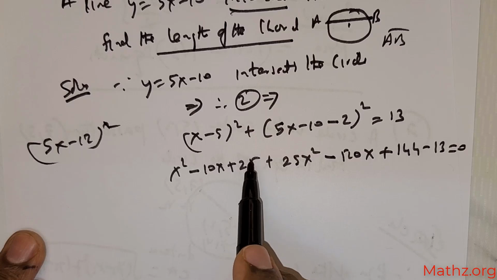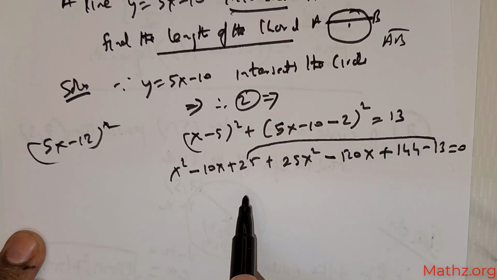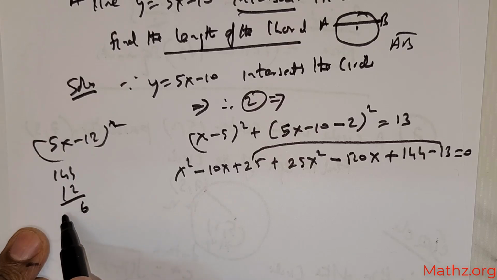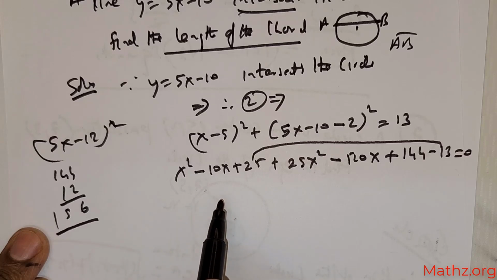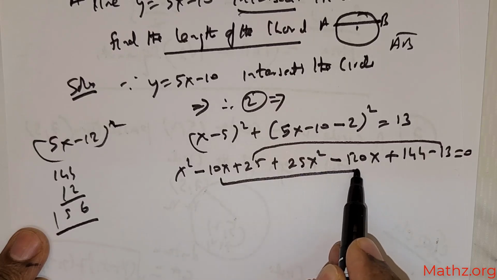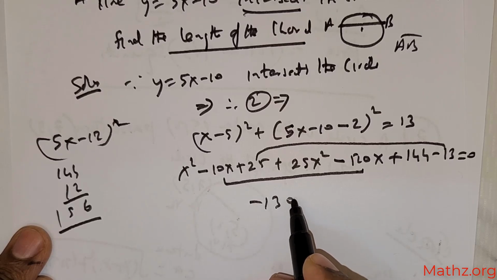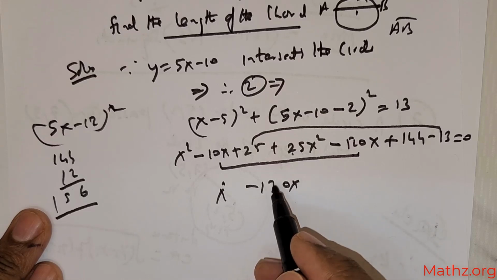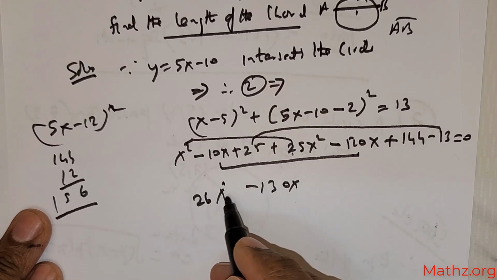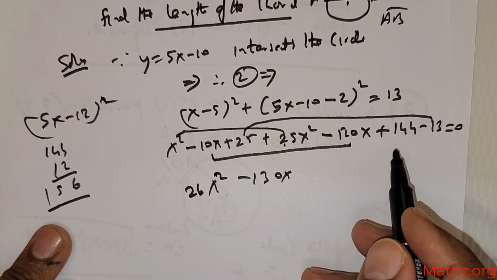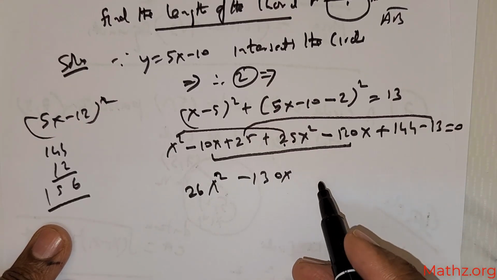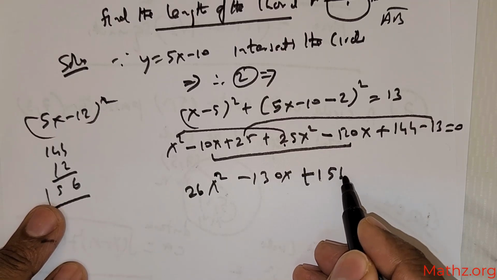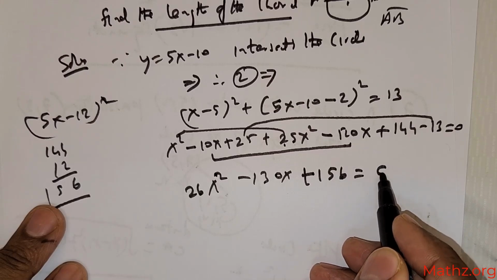So from 25 you take away 13, you get 12, and then from 144 you add 12, you get 156, and then minus 10x minus 120x, that's minus 130x. So you got an x squared with 25. You can add these two things, so it's going to be 26x squared minus 130x plus 156 is equal to 0.